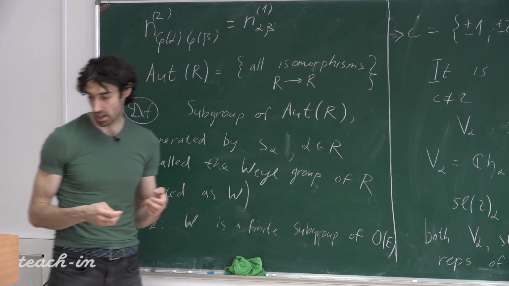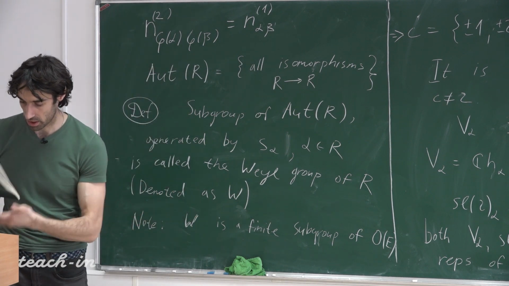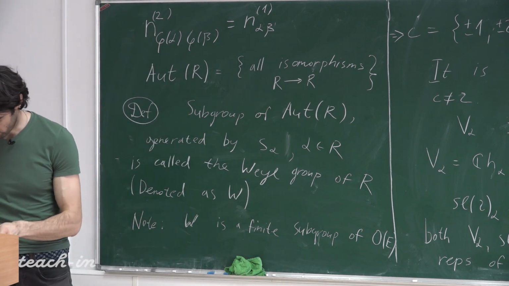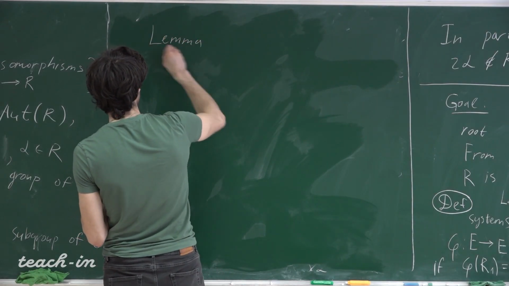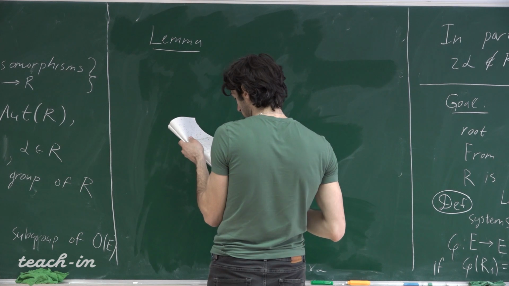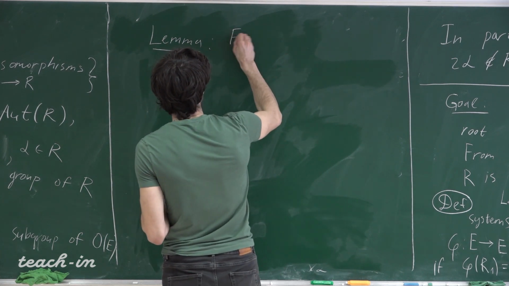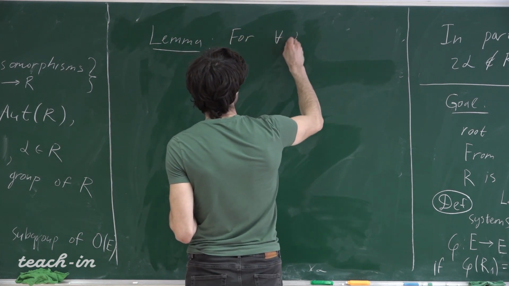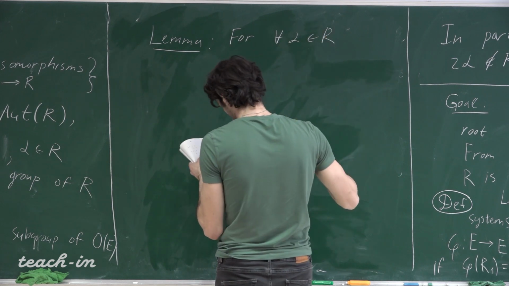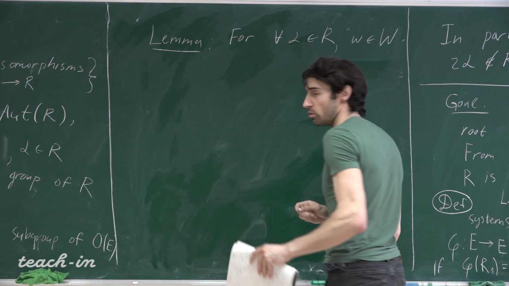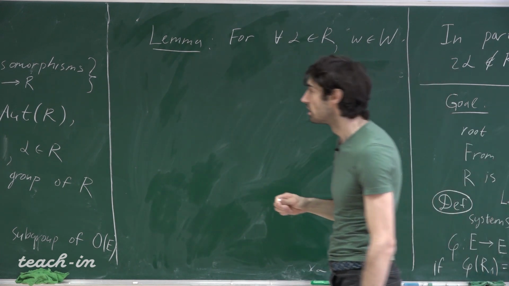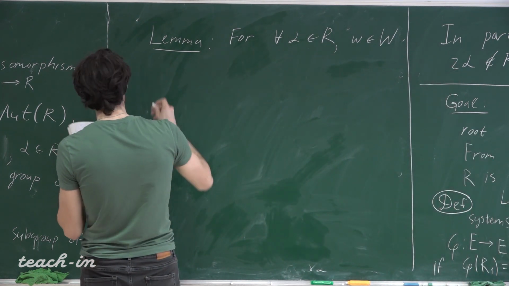All right. What can be said about the Weyl group? We'll use it from time to time. For every root alpha and an element W of the Weyl group, we have the following.